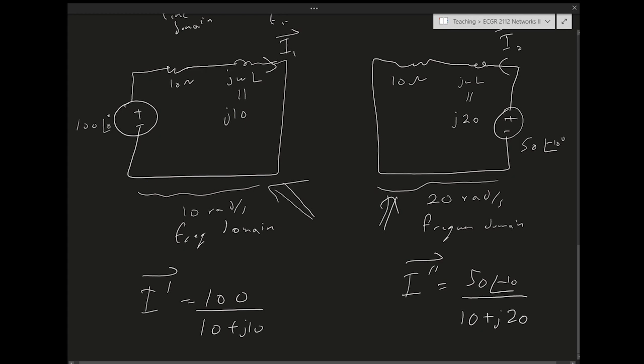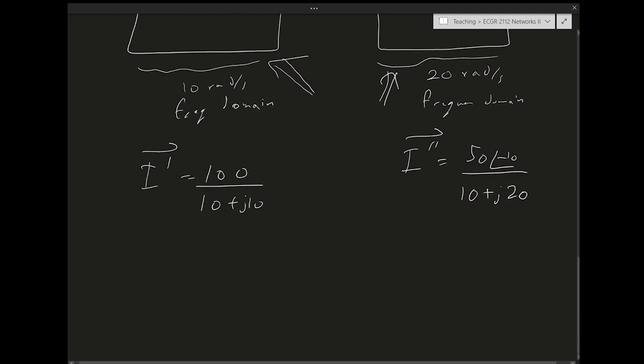Okay, so we can do the calculation. I1 prime equals, if I do the math here, I end up with 5 minus j5, which equals 7.07 at minus 45 degrees amps.